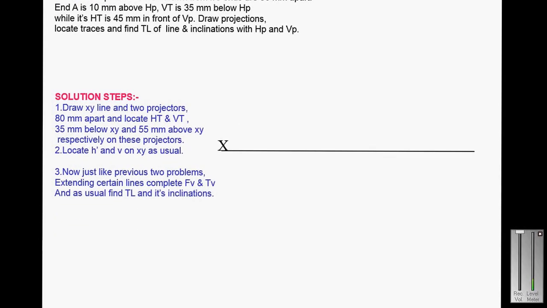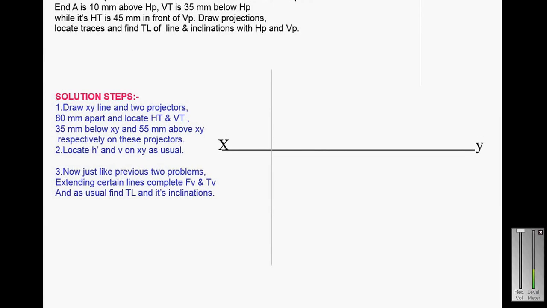So first of all, draw the reference line, the XY line. Then draw two projectors, with the distance between them 80 millimeter. The two projectors are the projectors of the horizontal trace and vertical trace. So this is the first projector line, the horizontal trace. We know that the horizontal trace is 45 millimeter in front of VP, and the vertical trace is 35 millimeter below HP.